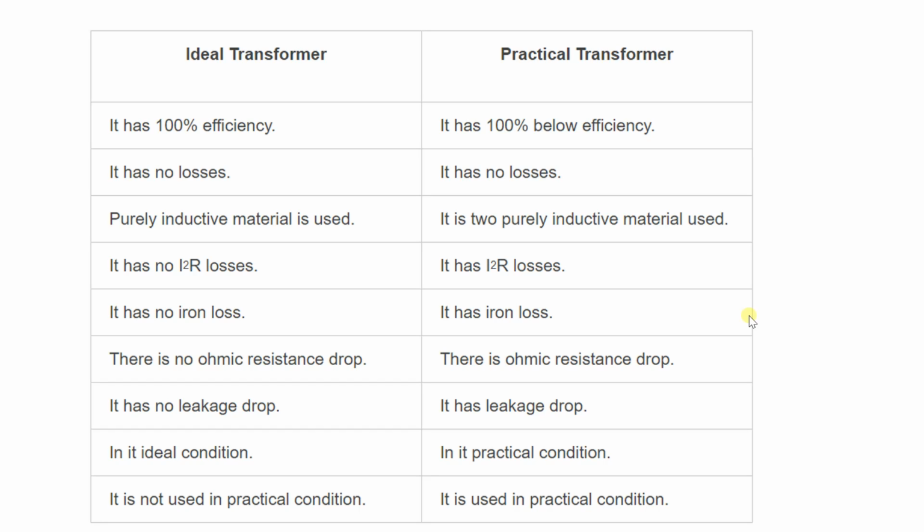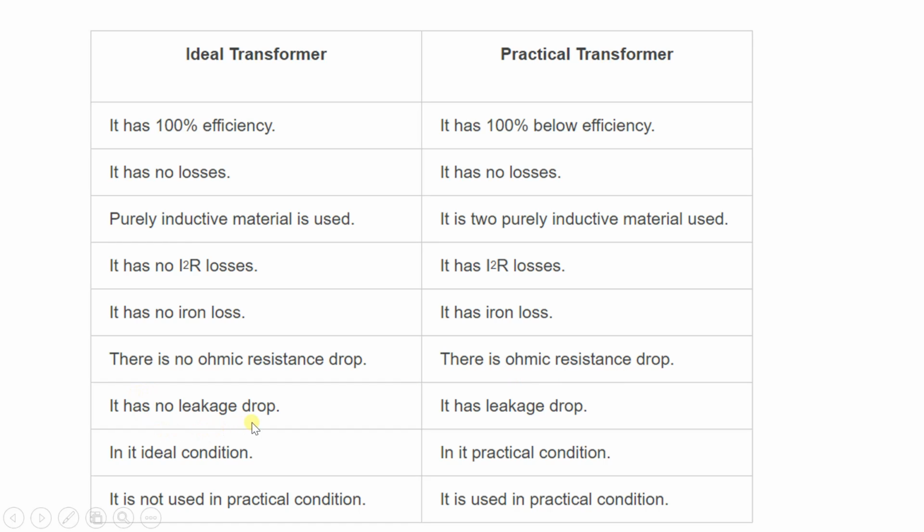It has no I square R losses, whereas the practical transformer has I square R losses. The ideal transformer has no iron losses, but the practical transformer has iron losses. In the ideal transformer, there is no ohmic resistance drop; the voltage drop is 0, but in the practical transformer we have the ohmic drop.